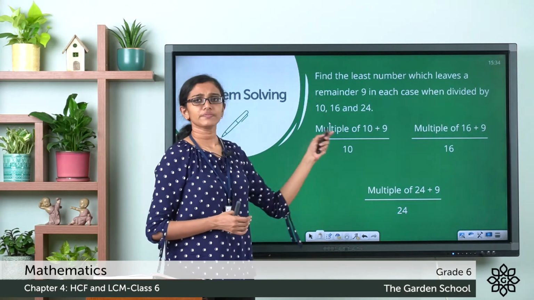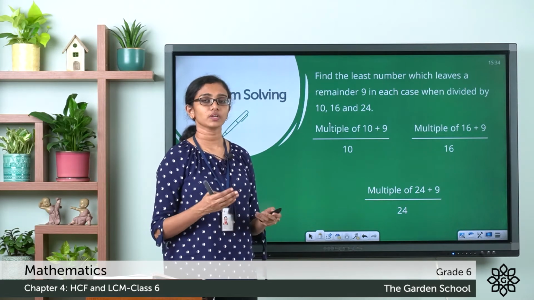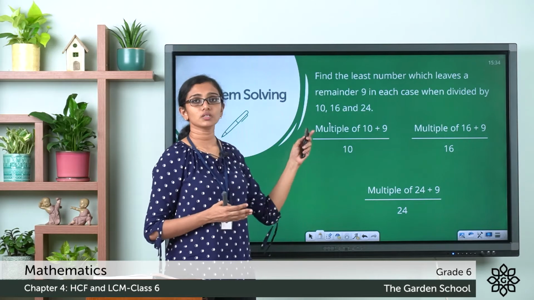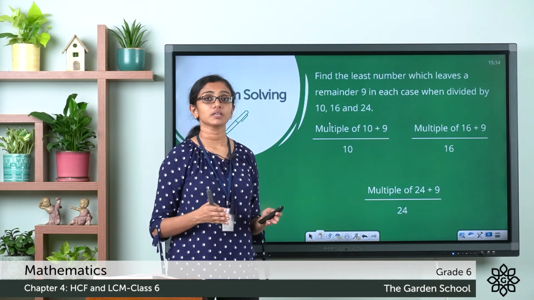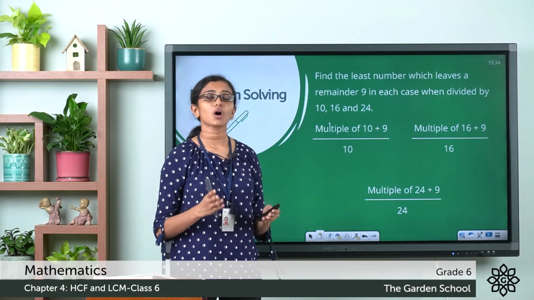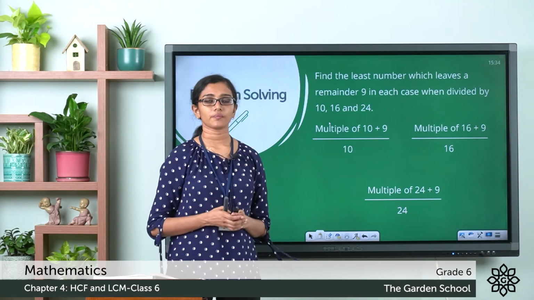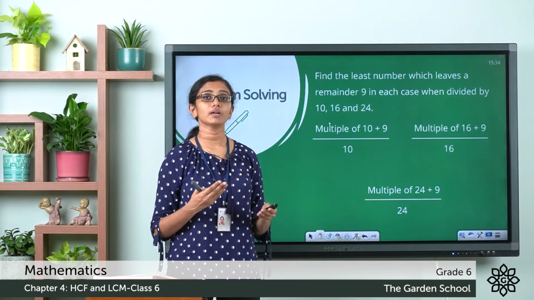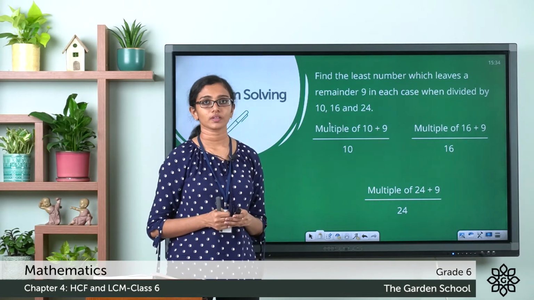So you see, if it gives the same remainder in each case, that is when you divide it by 10, 16 or 24, it means it is the same number you are dividing, or it should be a common multiple of 10, 16 and 24, right? It should be a common multiple of these three numbers. Then only it will give the same remainder.